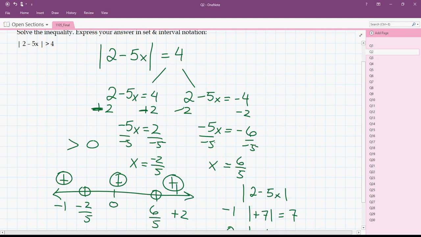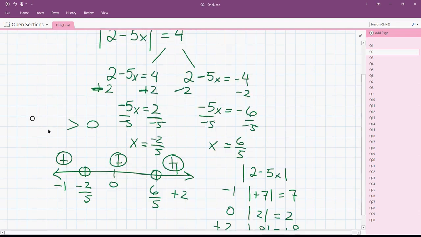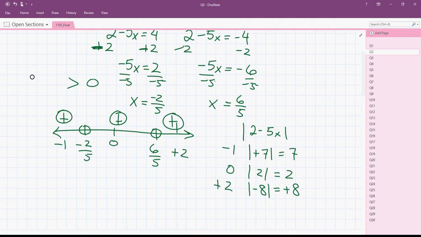Why would that be? Oh, whoops. I forgot to write down our test condition. We're testing for which regions are greater than 4. Is 7 greater than 4? Yes. Is 8 greater than 4? Yes. Is 2 greater than 4?